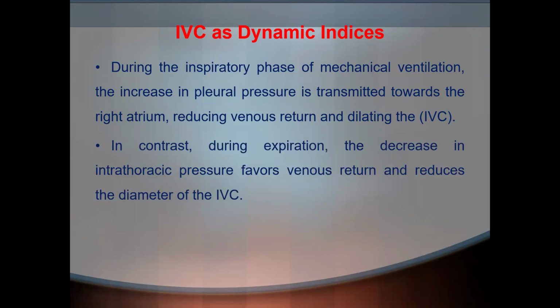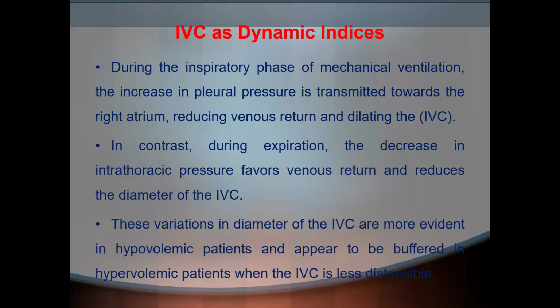In contrast, during expiration, the decrease in intrathoracic pressure favors the venous return and reduces the IVC diameter. So during inspiration in pressure control, the IVC will distend. During expiration, the IVC will reduce.